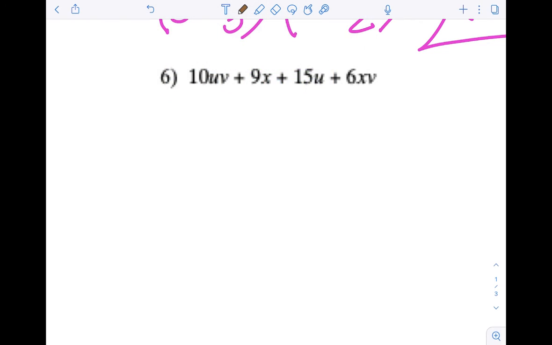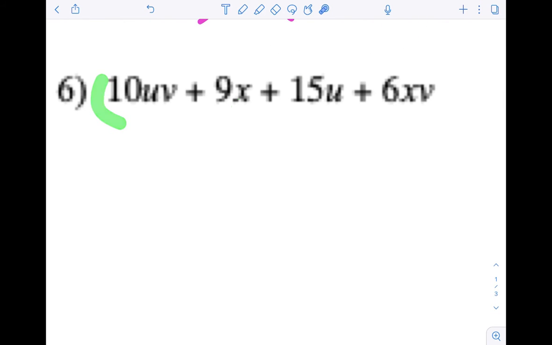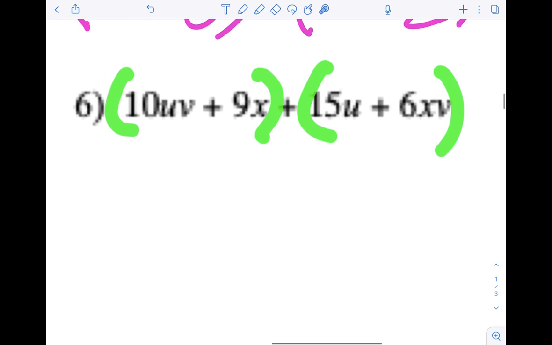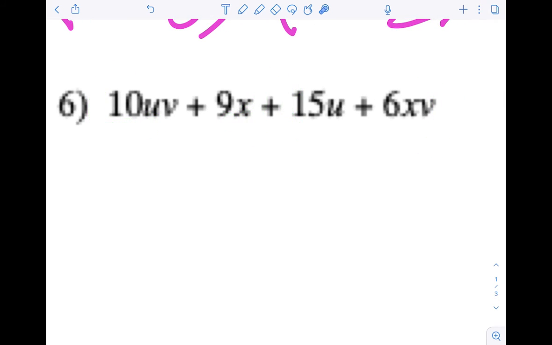Let's go with brown. So with this one, I can group that and that, this and this and that and that, but there's no number that goes into 10 and 9, and also they have no common letters. So what I'm going to do is I'm going to regroup.